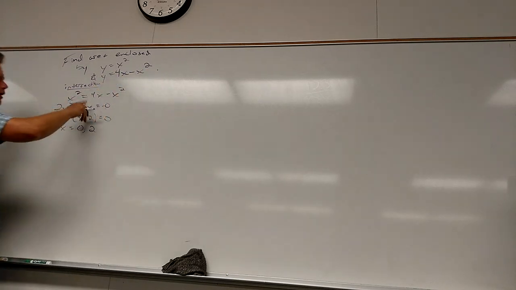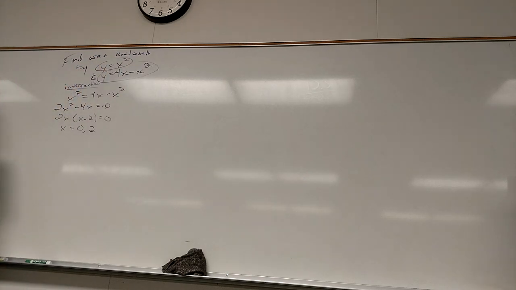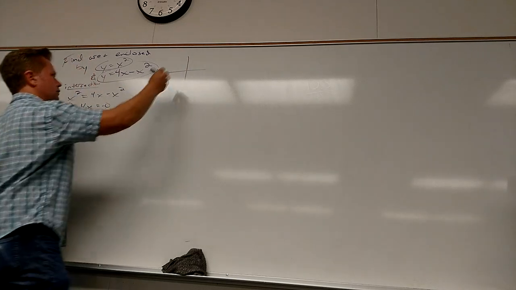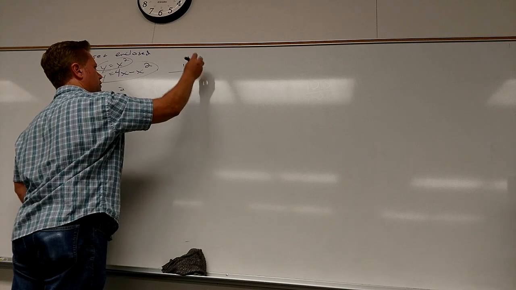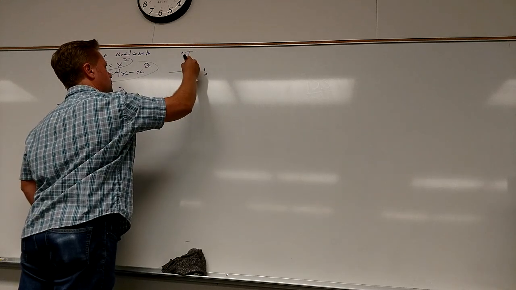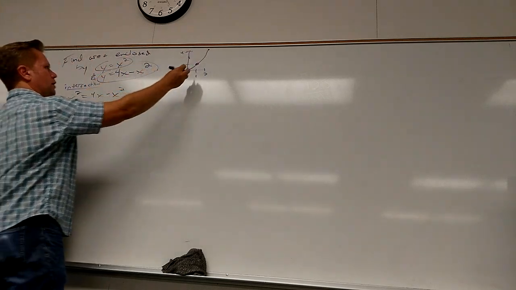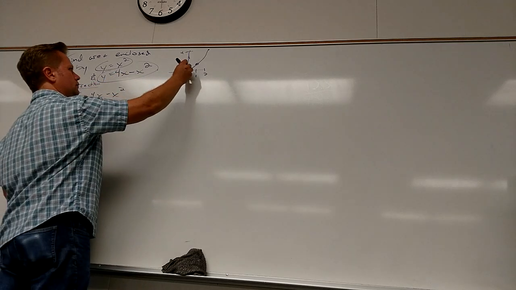Obviously this is an up parabola, this is a down parabola. You can do a really rough sketch in the interval that we're interested in, 0 to 2. At 1 this goes to 1, and at 2 it goes to 4. And then 4x minus x squared has intercepts at 0 and 4.